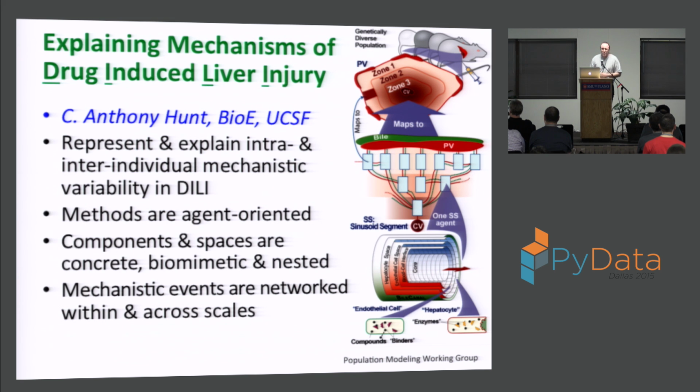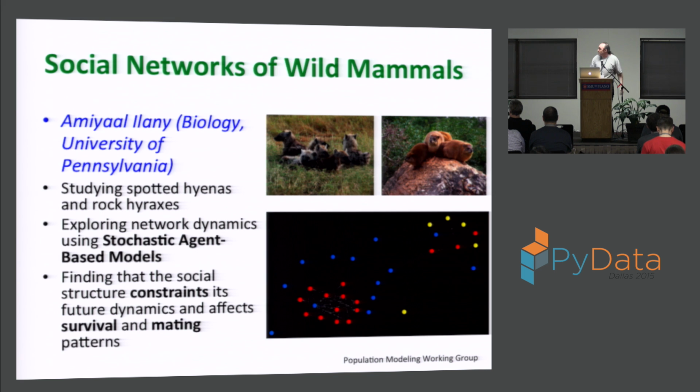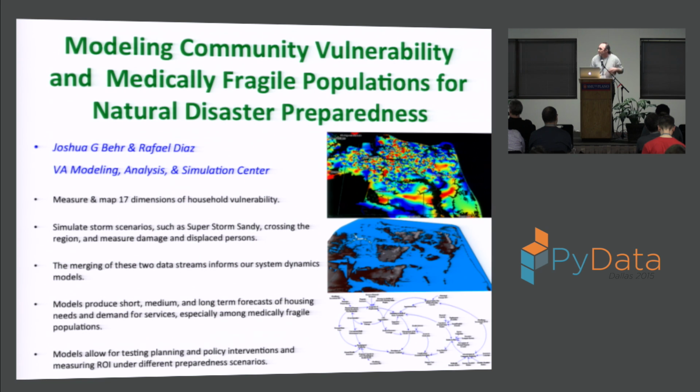This is called multi-scale modeling. This is modeling of the liver. This comes from different places, and you can get all those slides online. They're on our website in SimTK. Modeling social behaviors of mammals. Networks of those can be modeled. It can be very complex population modeling, like preparedness for a disaster.